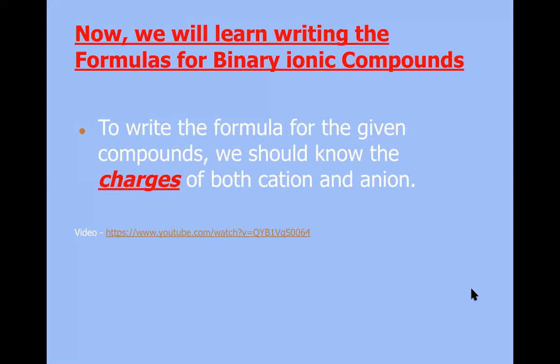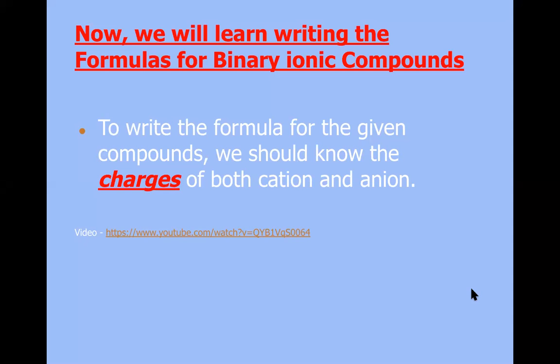So now we will learn how to write the formulas for binary ionic compounds. To write the formula, you should know the charges of both the cation and the anion. That is really important. For both the metal ion and the non-metal ion, you should know the charges.